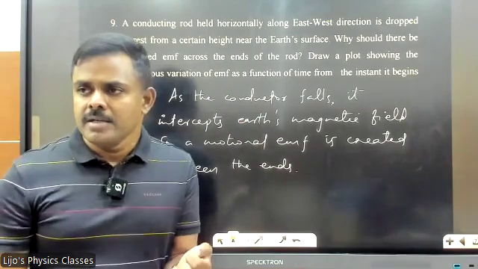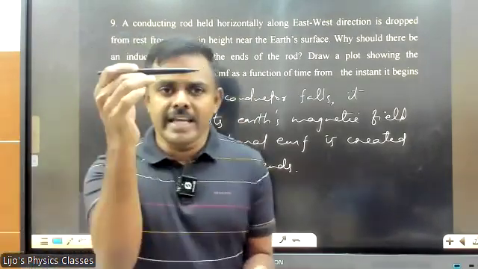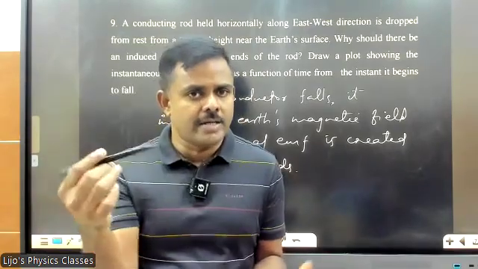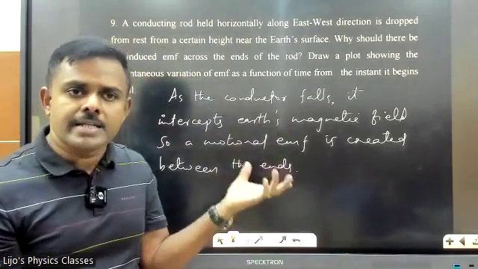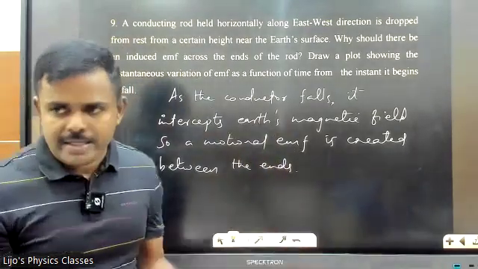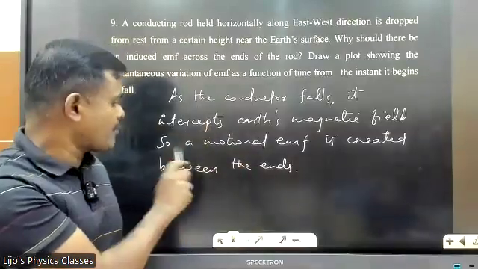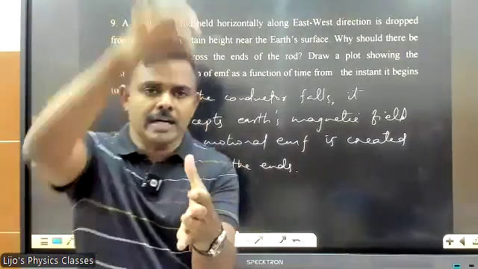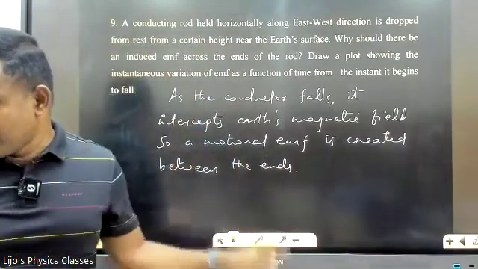Did you hear me? They are asking why, and no one is listening. It is clear because the conductor falls in Earth's magnetic field, right? So as the conductor falls, it intercepts Earth's magnetic field. Cuts Earth's magnetic field. That is why a motional EMF is developed, right?